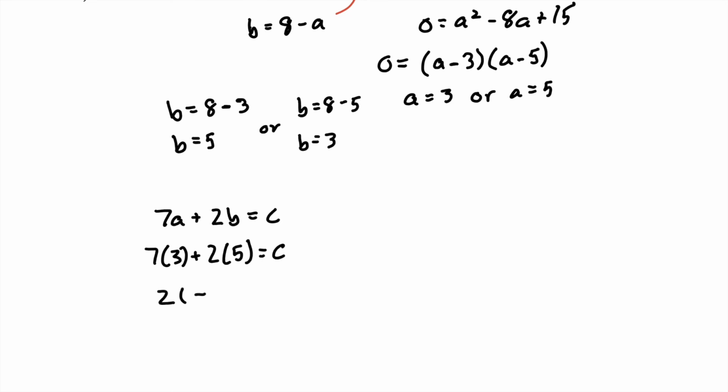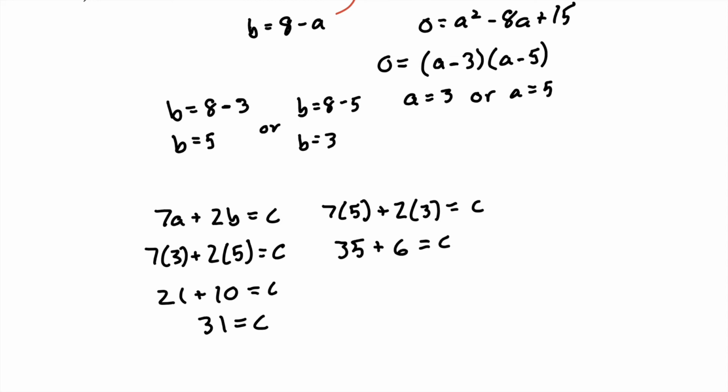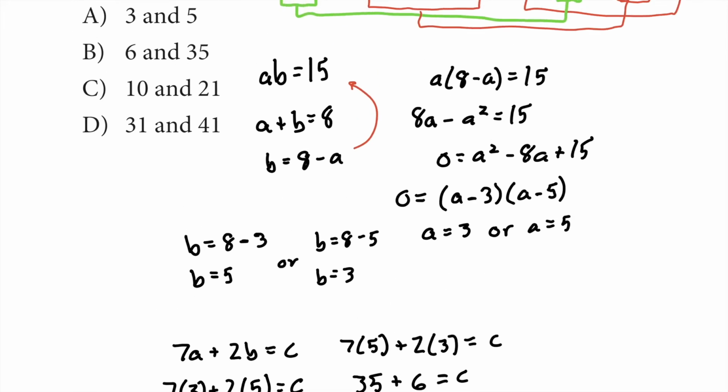We get 21 plus 10 equals c, or 31 equals c. And then we substitute in 5 for a and 3 for b. And we get 35 plus 6 equals c, or 41 equals c. So our answer will be 31 or 41. So our answer is D.